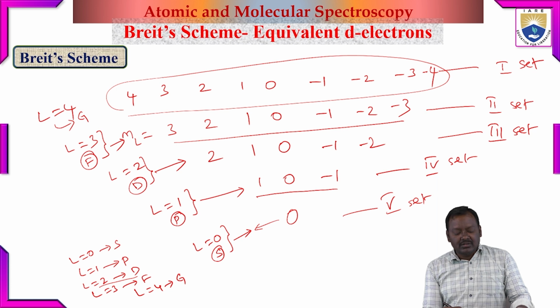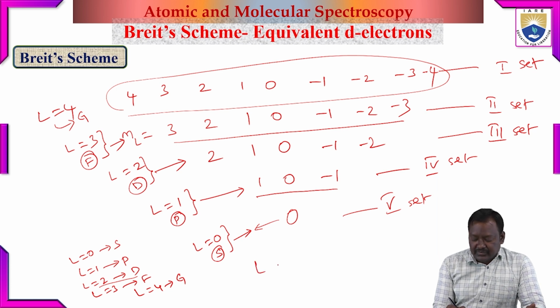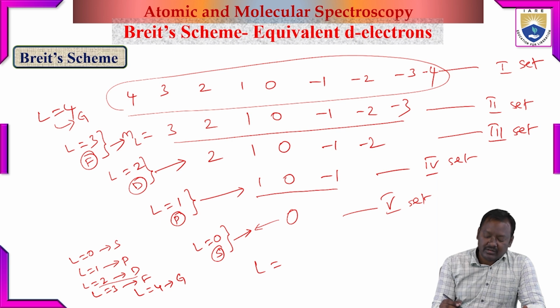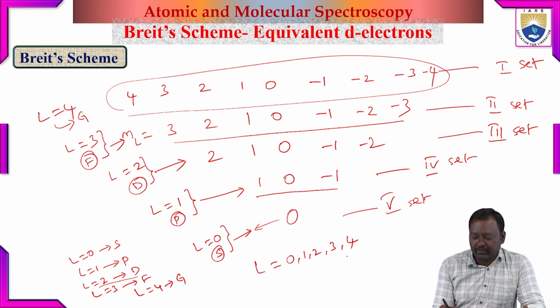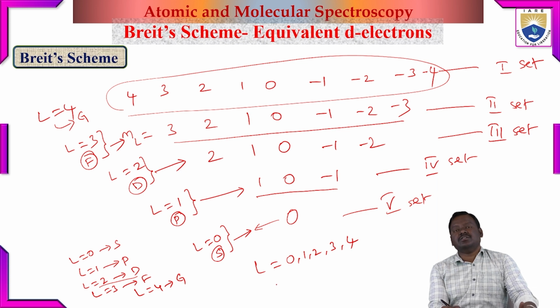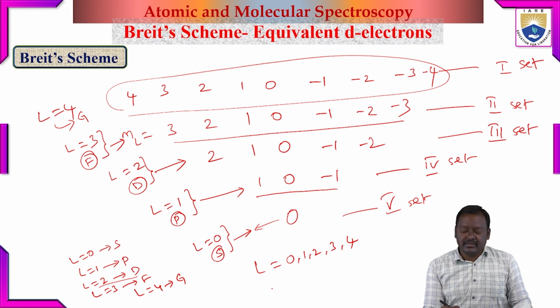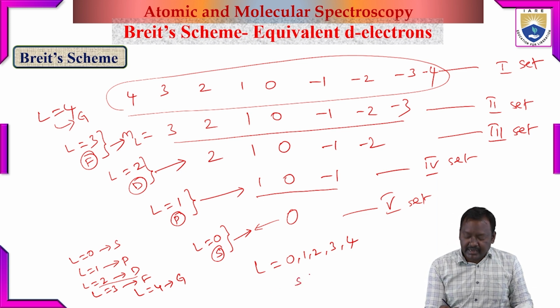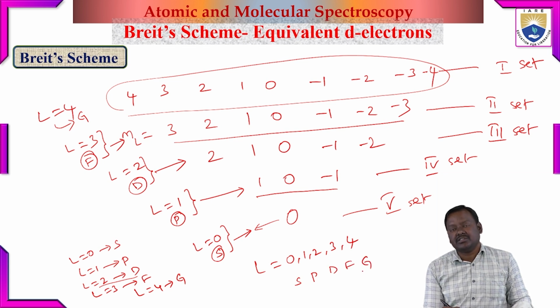So the L values are 0, 1, 2, 3, 4. There are 5 values of L, which indicate S, P, D, F, G spectral terms.